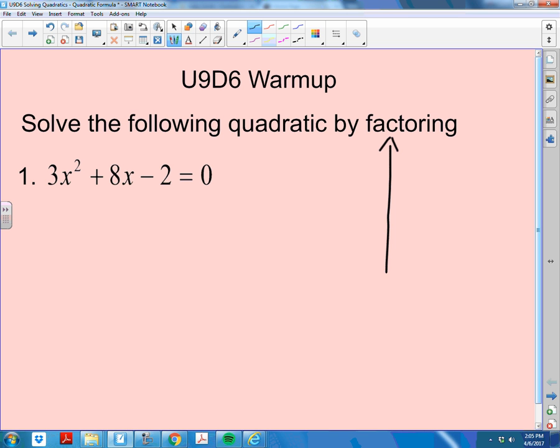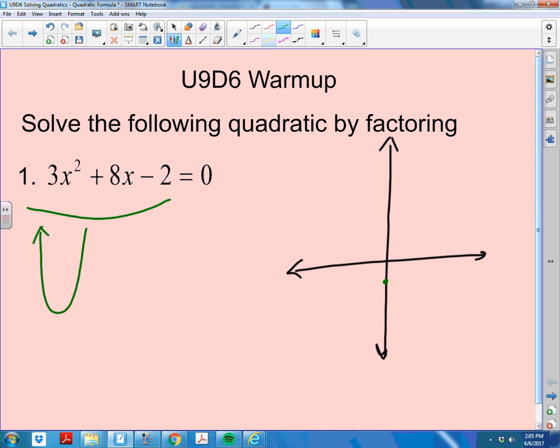If you think back to my very first unit of quadratics, someone describe this parabola for me, please. It's narrow. What else? The y-intercept is -2, and it faces up. There is no way you have a narrow parabola that faces up that has a y-intercept of -2, which doesn't cross the x.